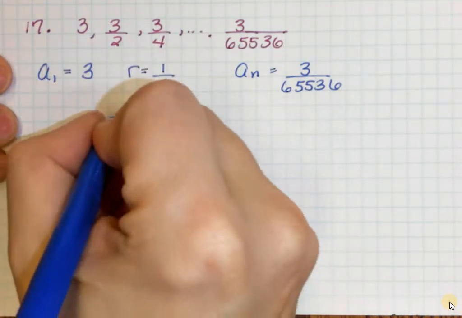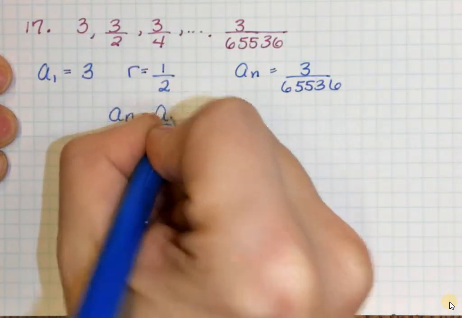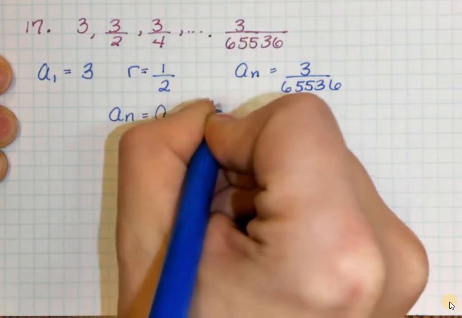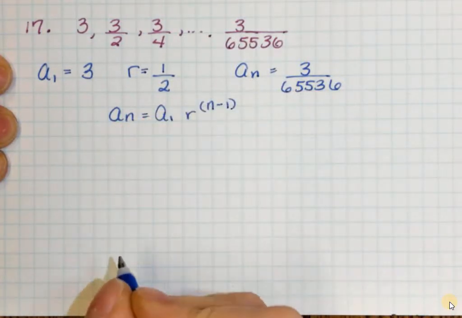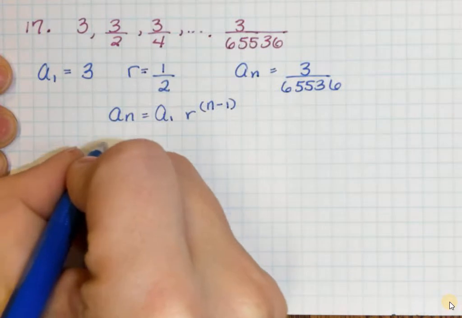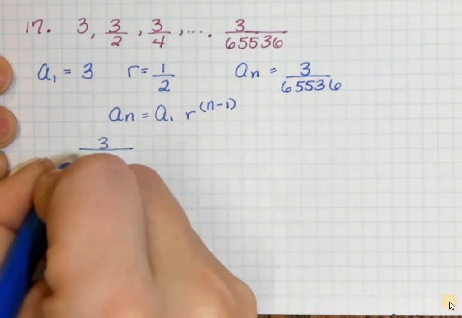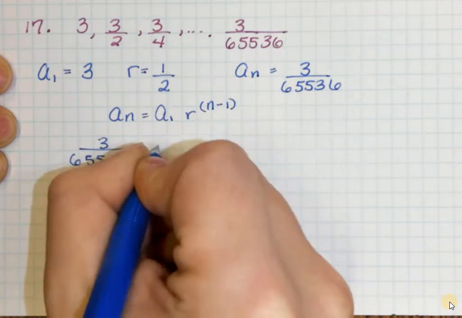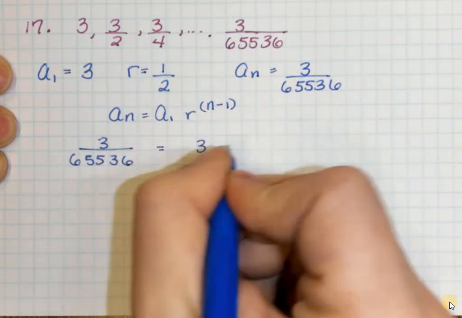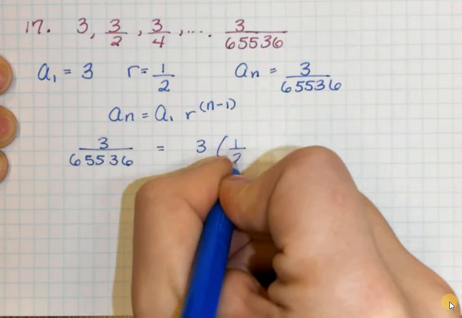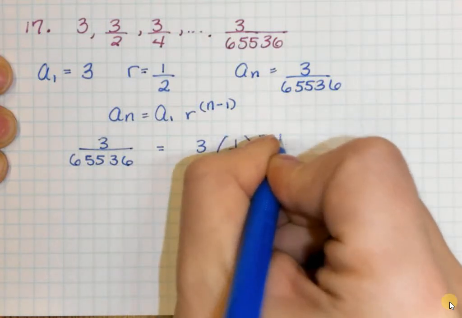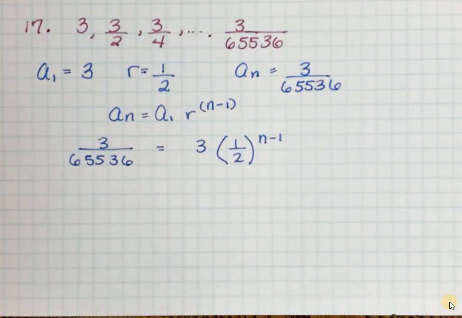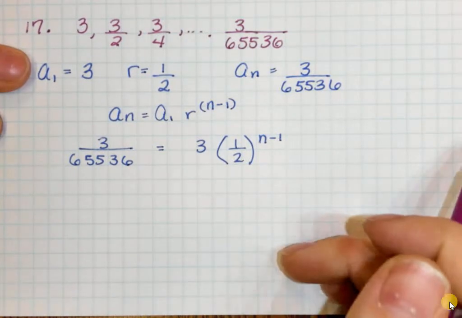So the formula we have says that the nth term is the first term times the ratio to the n minus 1 power. So that means I'm going to have 3 over 655,36 is equal to 3 times 1/2 to the n minus 1. Now, what would you do first to solve this?